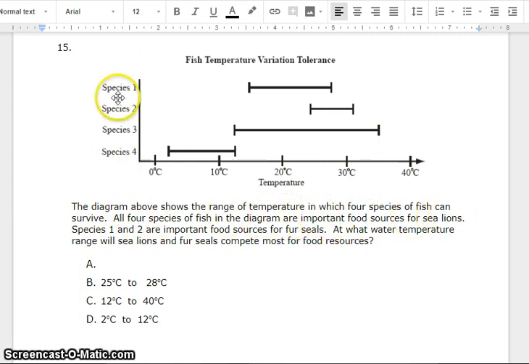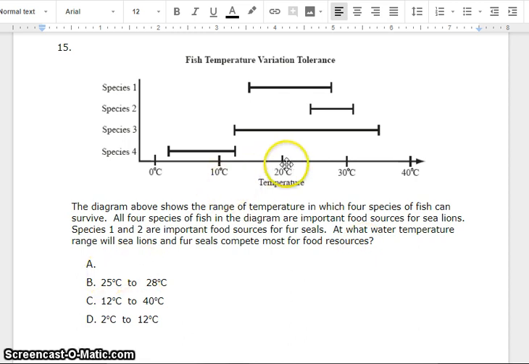So sea lions eat all 4. Species 1 and 2 are an important food source for fur seals. At what temperature range will sea lions and fur seals compete most for food resources?